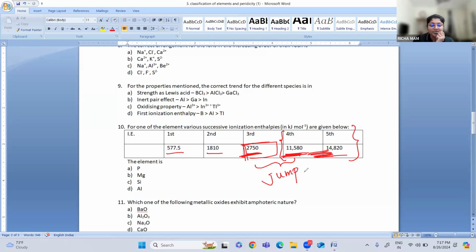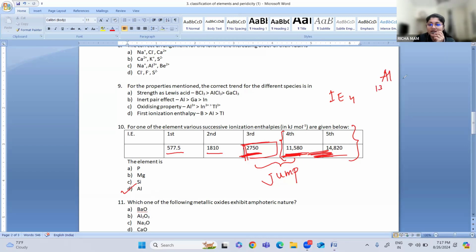It means that IE4 is much higher than IE3, right? So the element is having three valence electrons. After the third valence electron is removed, when you are removing the fourth, the energy required is much more. So the answer is option D, and that is aluminum.